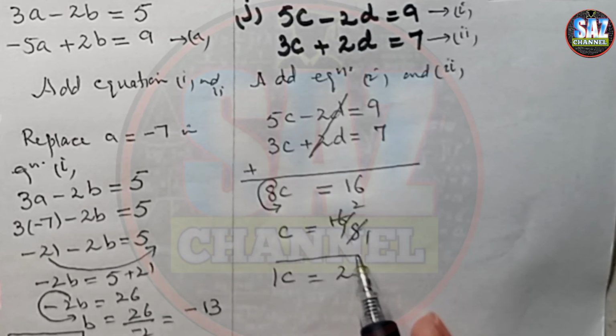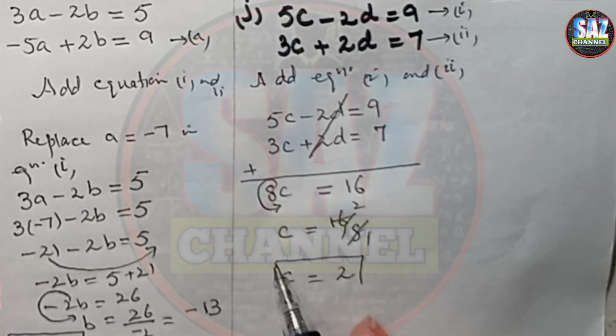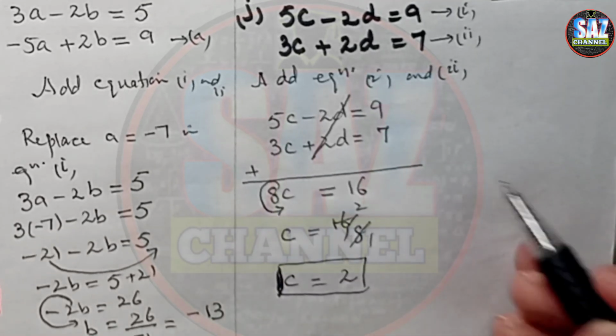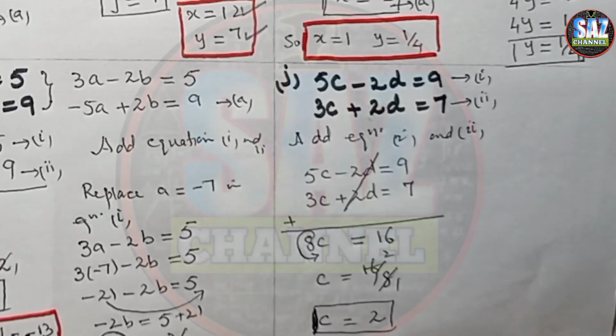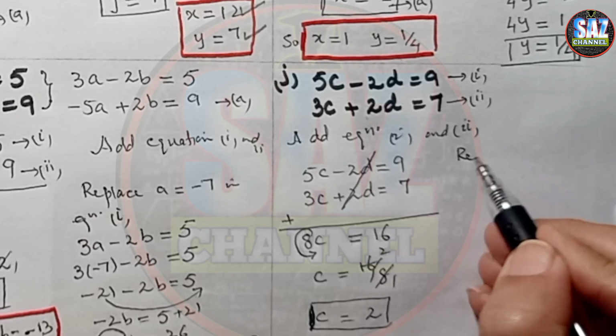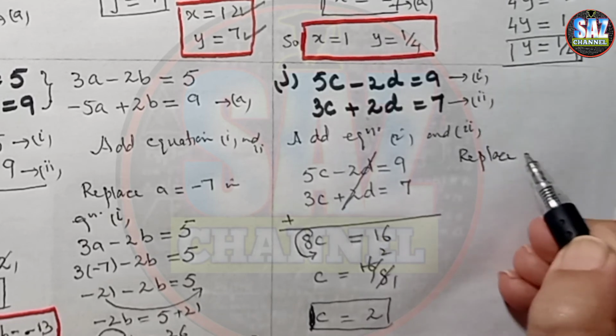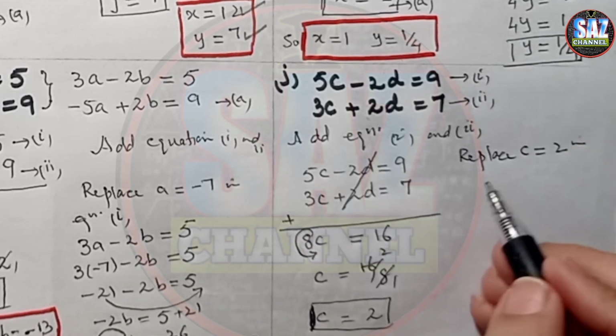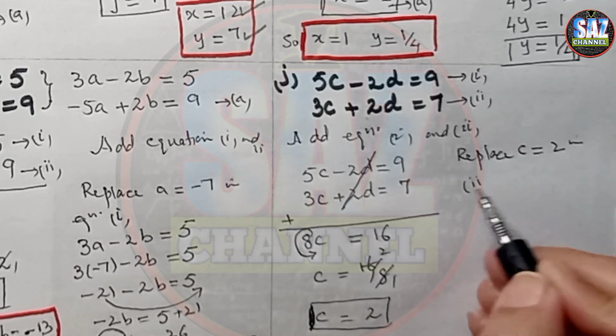After getting the value of the first variable, we have to replace that value in any one of the equations. I'm preferring the second equation. Replace c equals 2 in equation 2.